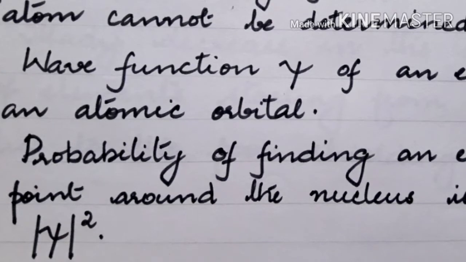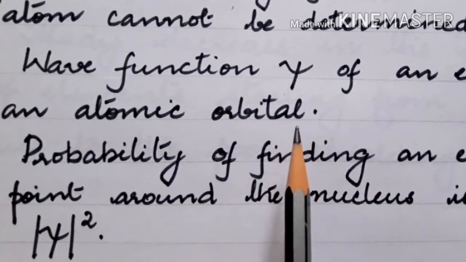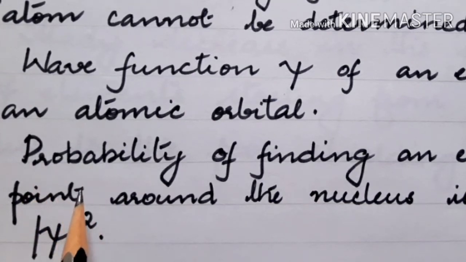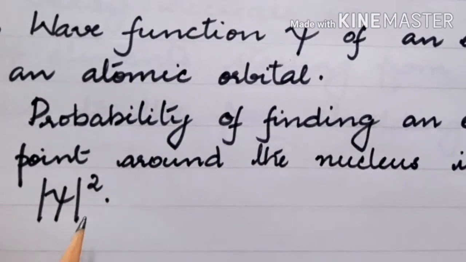All information about the electron is extracted from the wave function. Only if you know the value of the wave function can we find out the probability of finding an electron around the nucleus, and that is proportional to mod psi square.